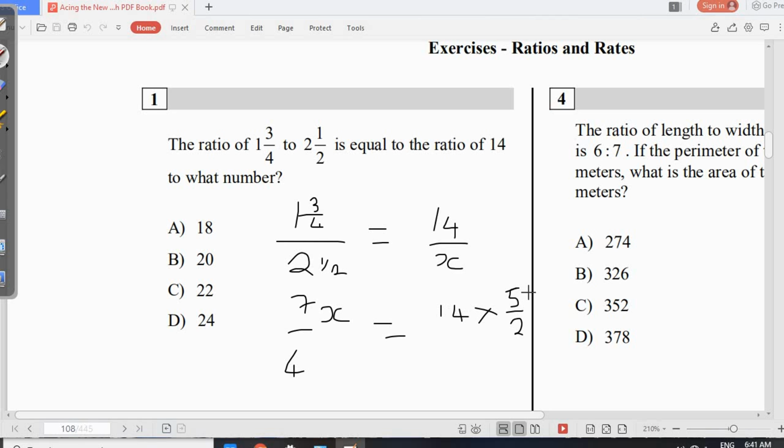So what we have here, 14 times 5, we're having 7x equal to 14 times 5 will give you 70.